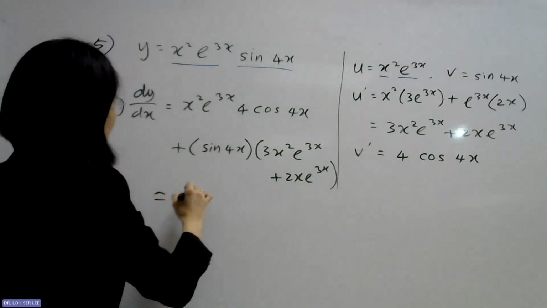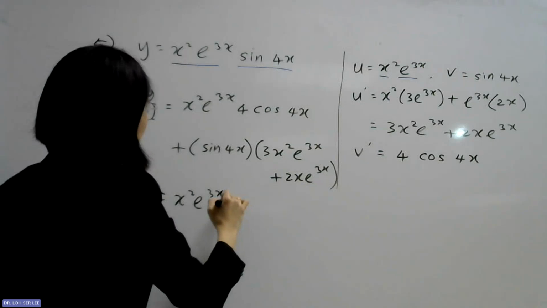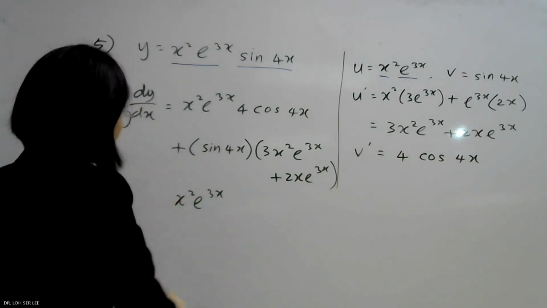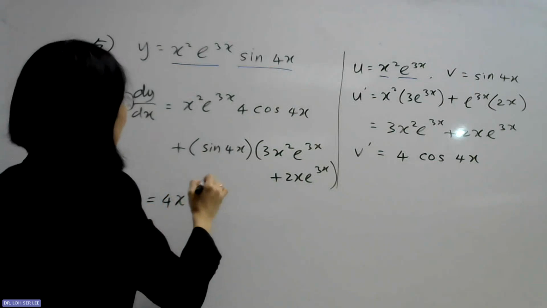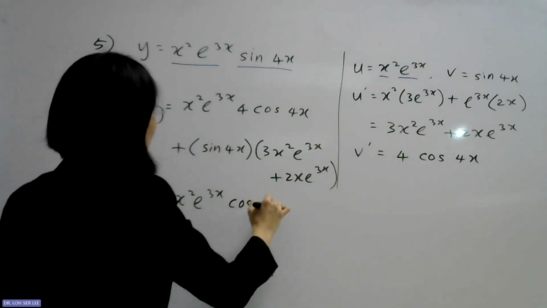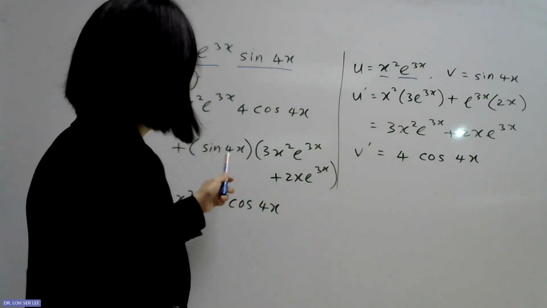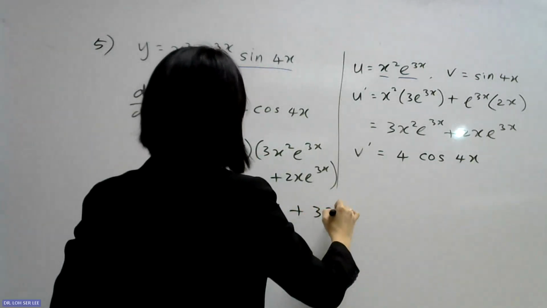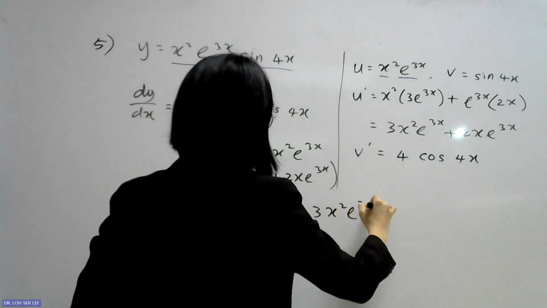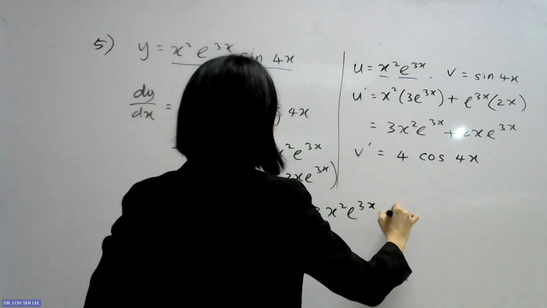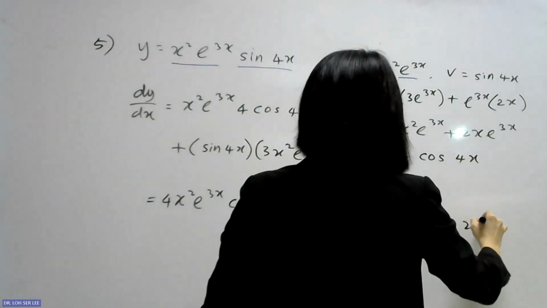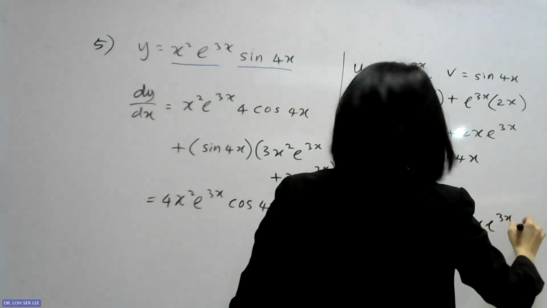So you have x squared e^(3x) times 4 cos 4x, that is 4x squared e^(3x) cos 4x, plus 3x squared e^(3x) sine 4x, plus 2x e^(3x) sine 4x.